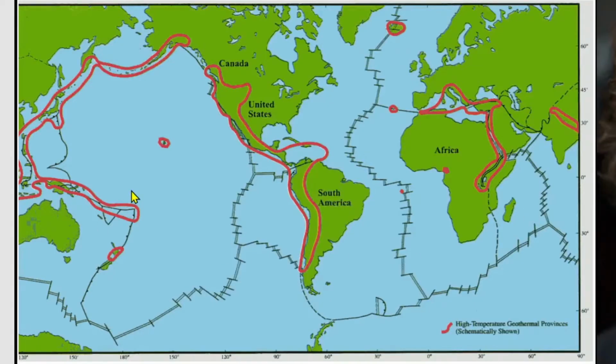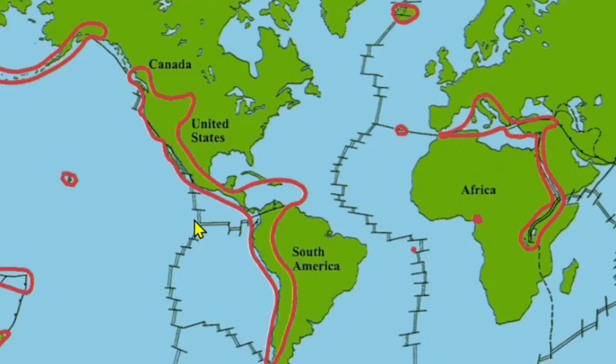And here you see along these tectonic plates, the geothermal energy could be extracted most easily. So here you see along the Rocky Mountains, and going to South America along the Andes, or in Europe, Iceland.